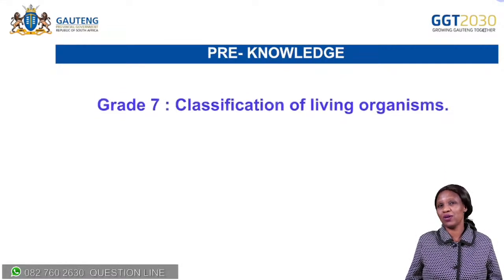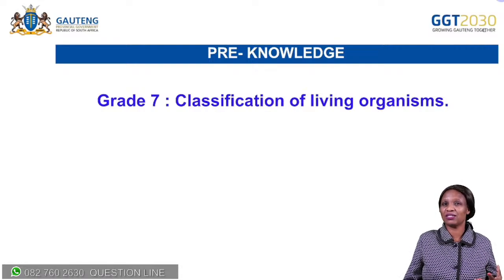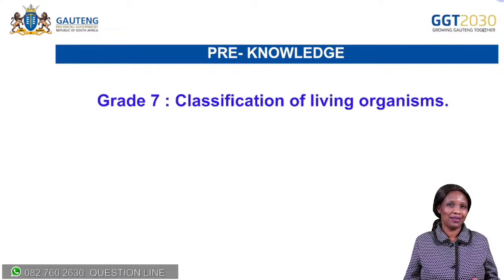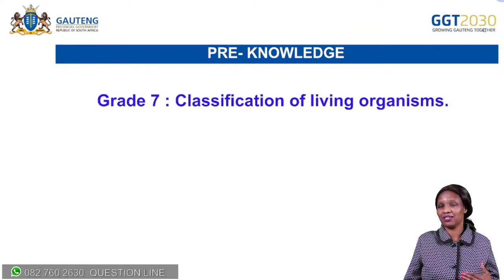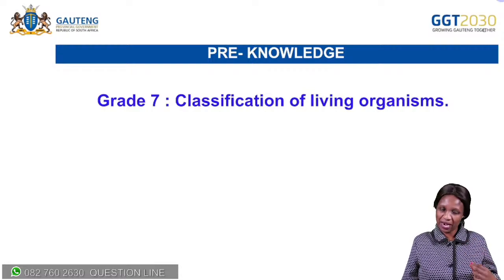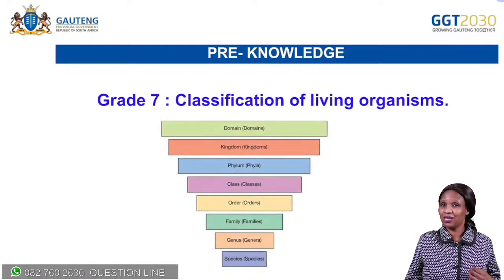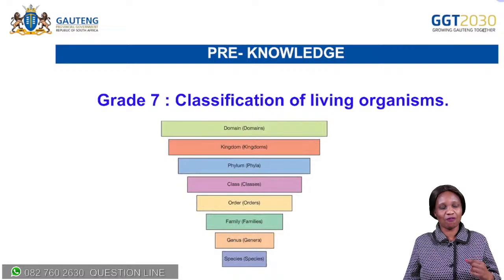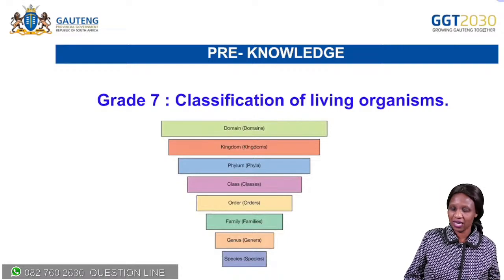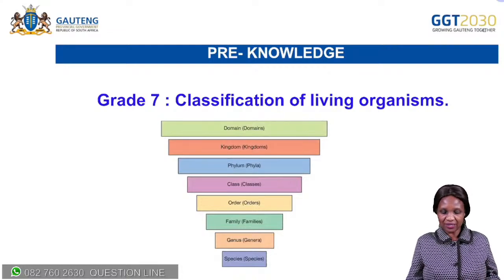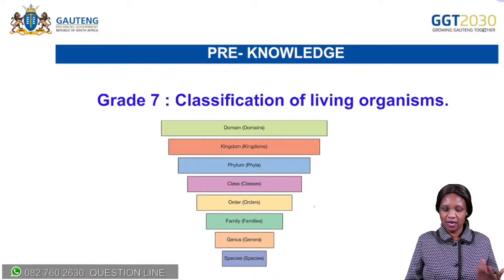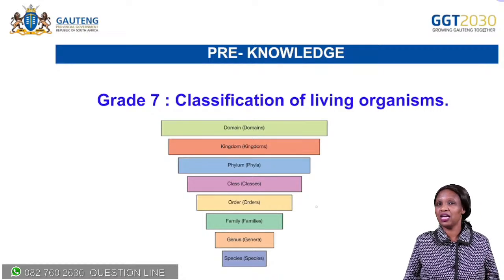Let's look at the pre-knowledge. When we are looking at the pre-knowledge grade 8, we are looking at what we have done in the past. That's our foundation, right? That is prior knowledge of the topic. Remember, when you're in grade 7, you did the classification of living things, where you're looking at the species, the genus, the families, the order, the classes, the phyla, the kingdoms, and even the domain.